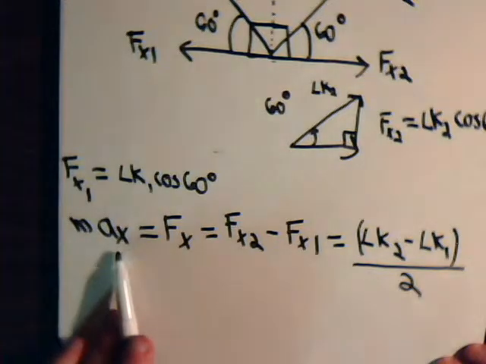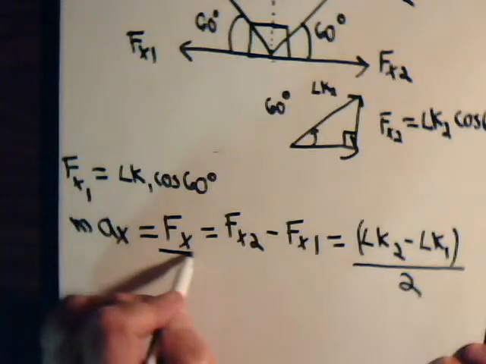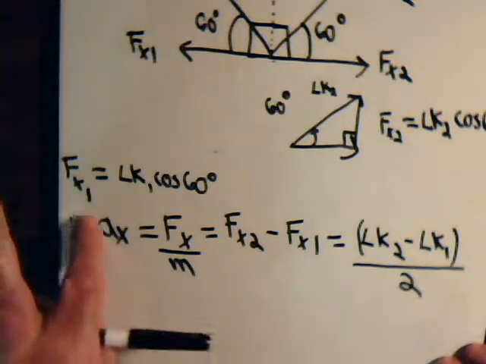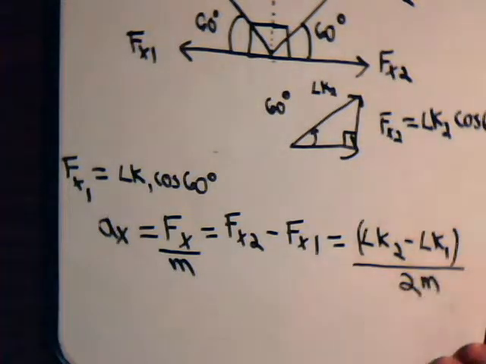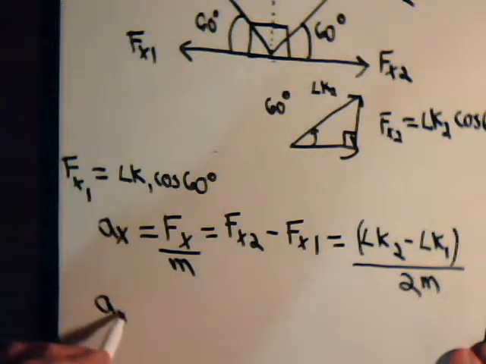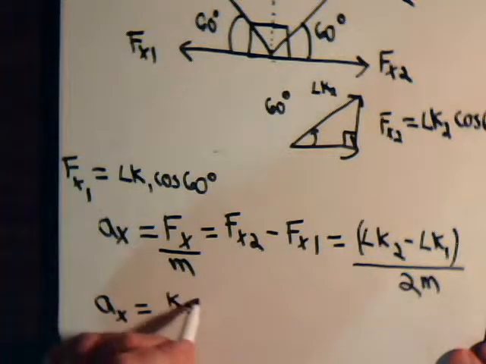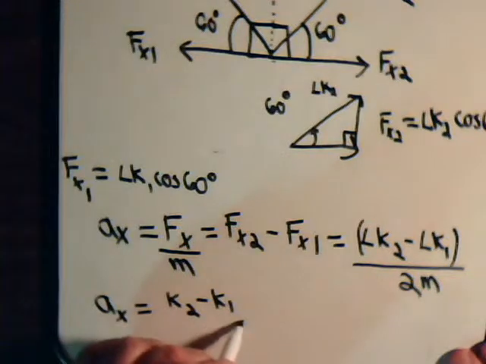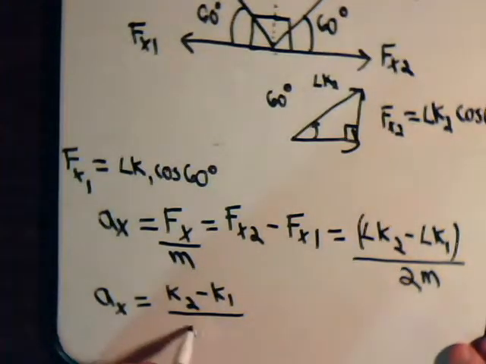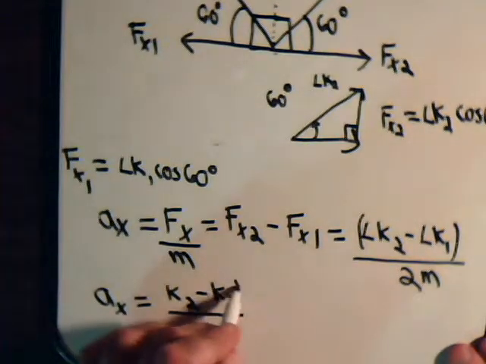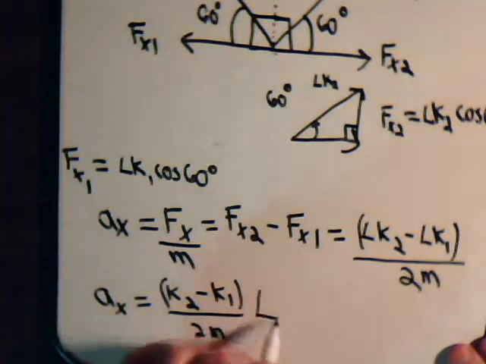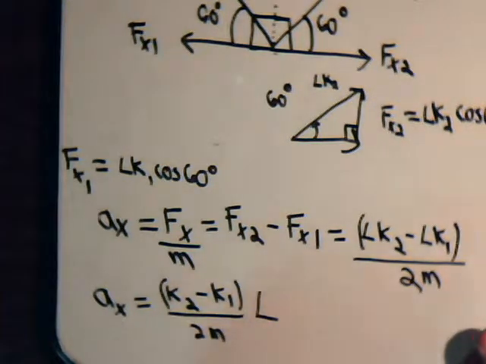So we have the acceleration in the x direction equals f of x divided by m. So we divide over here by m. And we have a x that equals k2 minus k1 divided by 2m times L. So there's the acceleration in the x direction.